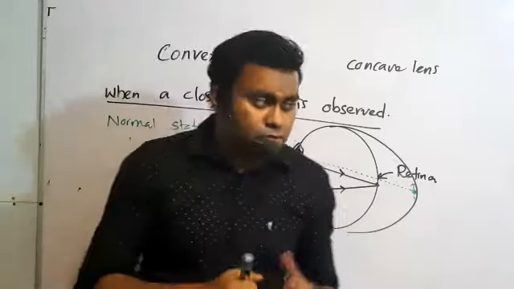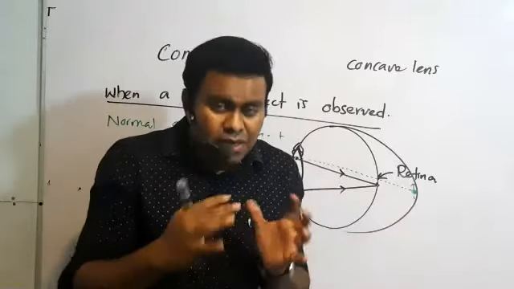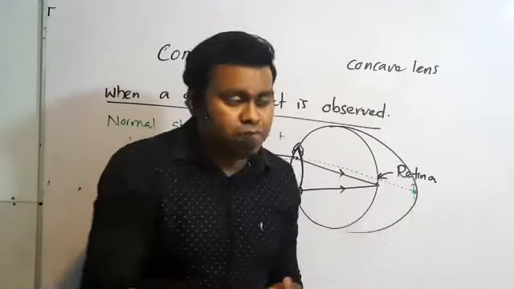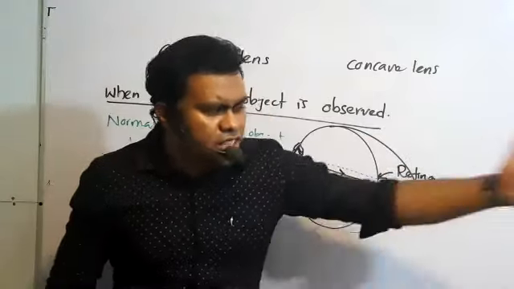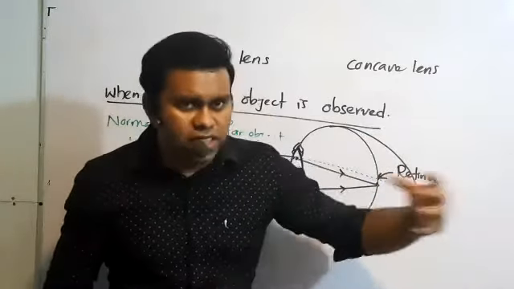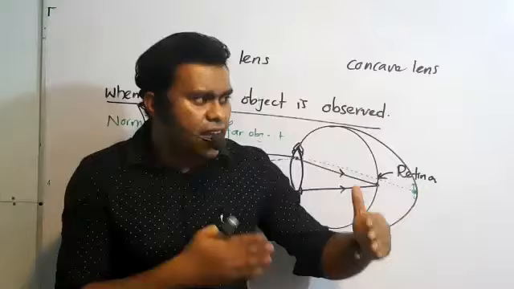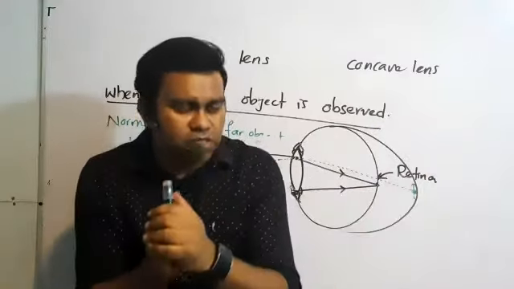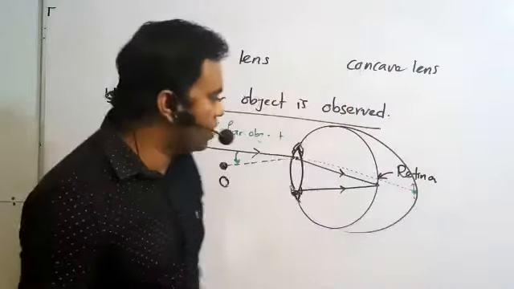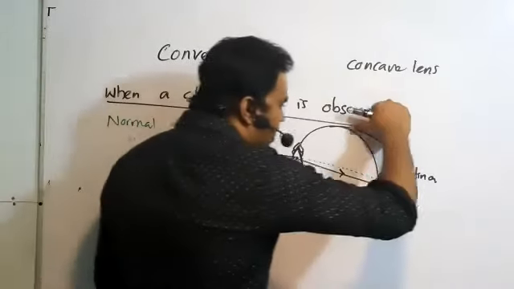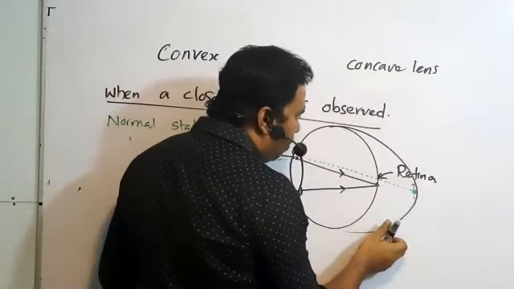When you are focusing an image onto a screen using a projector, you can change the direction and the distance from the projector to the screen. You can move the screen and focus it. But you cannot change the distance of the eyeball.